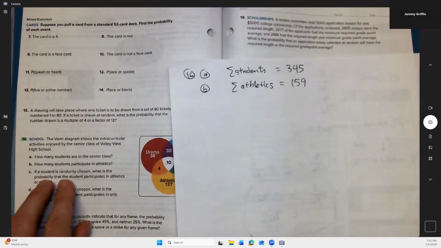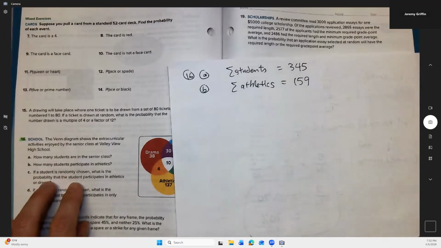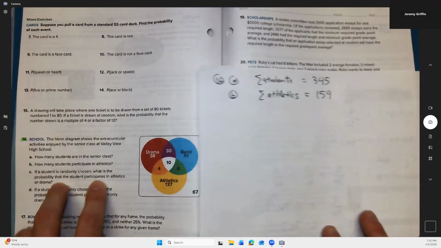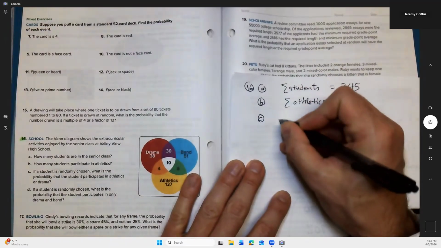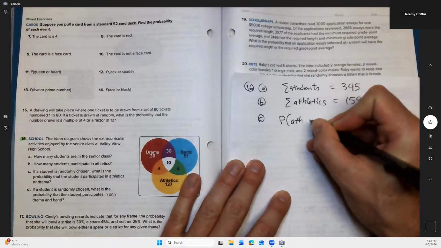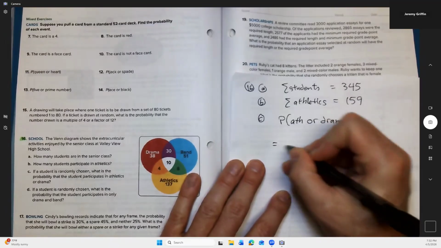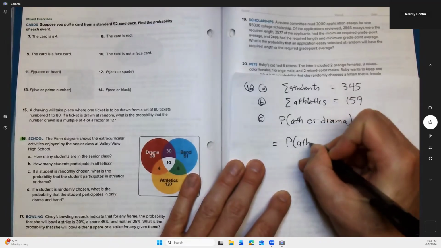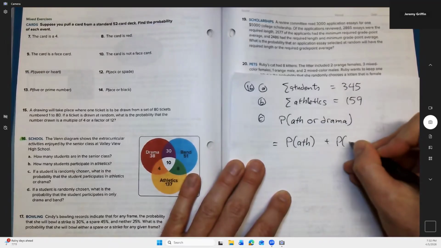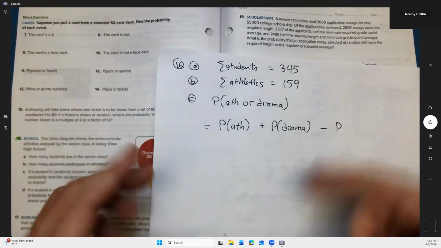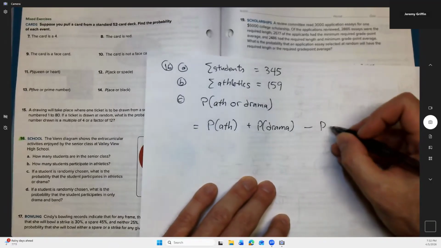Question C. If a student is randomly chosen, what's the probability that the student participates in athletics or drama? Okay. So probability of athletics or drama. Well, I know one way I could get that. I could do probability of athletics plus probability of drama, and then subtract out the overlapping section so that I'm not double counting.